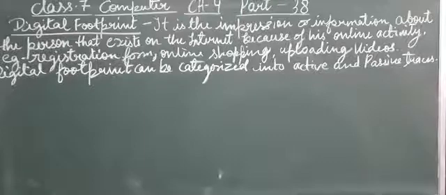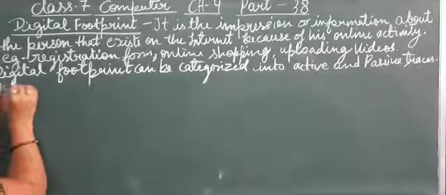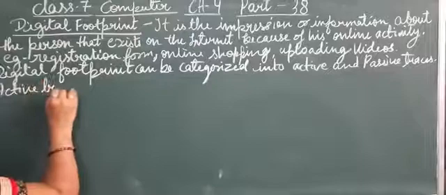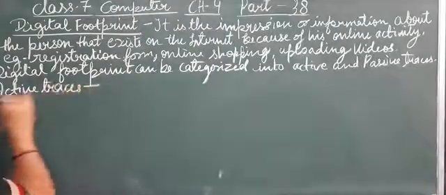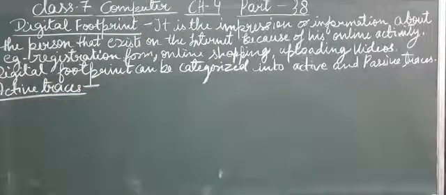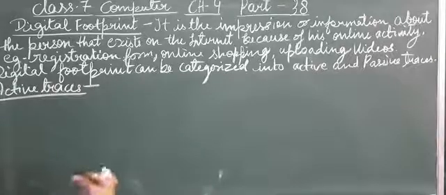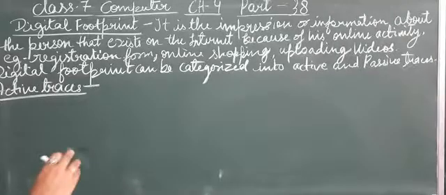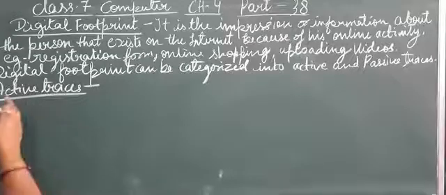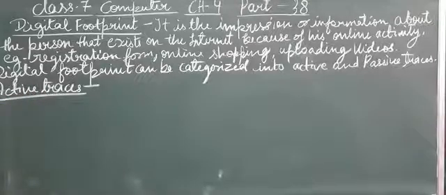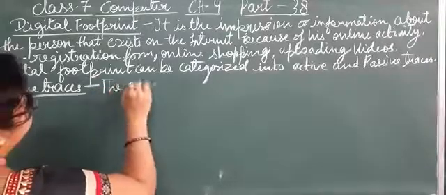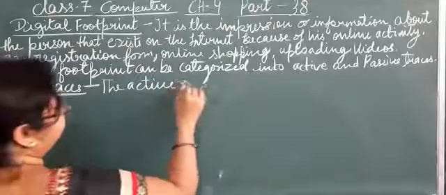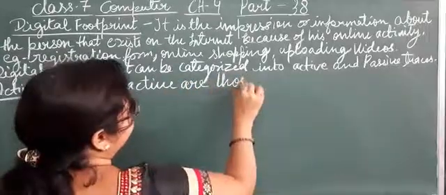First of all, what do you mean by active traces? The active ones are those data traces which the user leaves intentionally, with a particular intention. If the user leaves any type of information, that is called active traces.